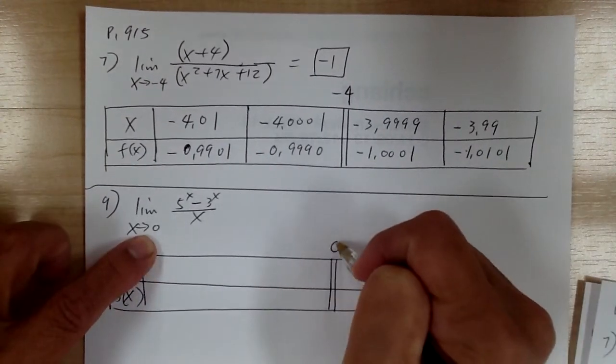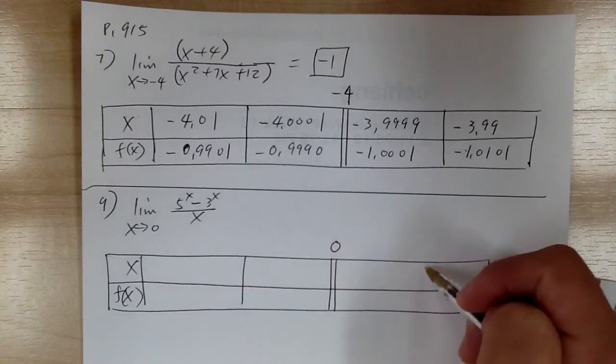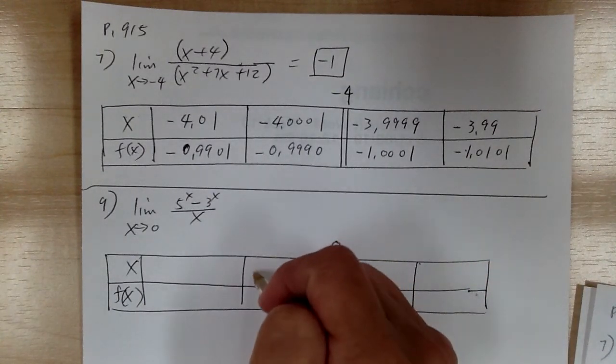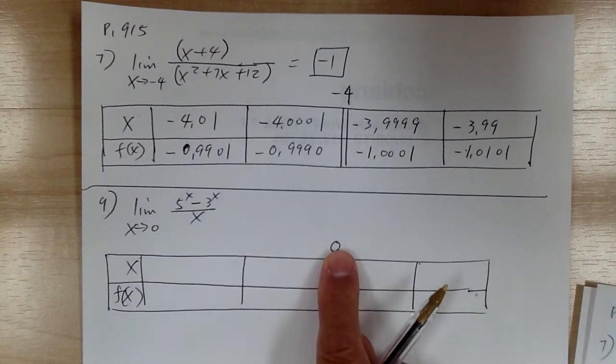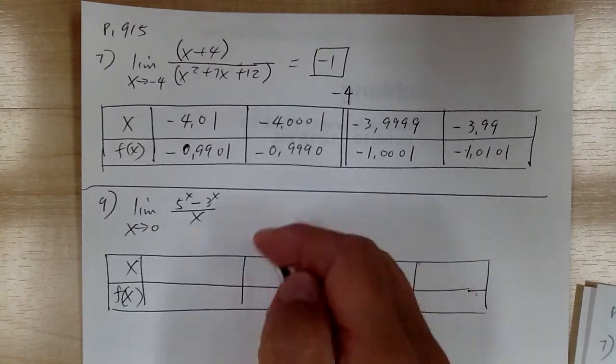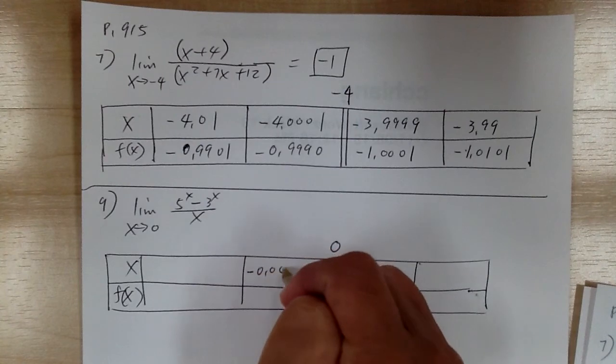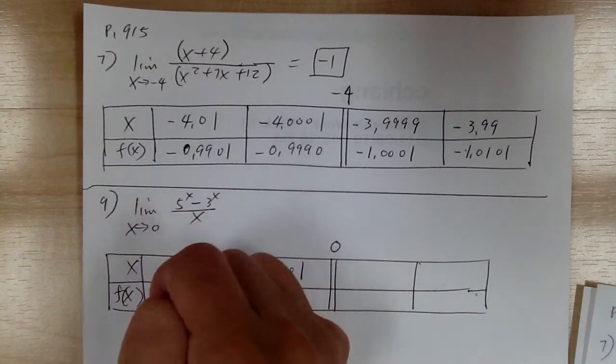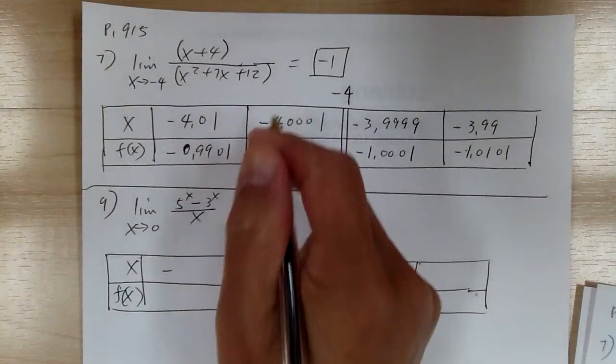This approaches 0, so this will be a 0. Again, I'm just going to get the 4 values. Think about this as a number line. So this would be negative 0.001. Again, I'm using 2 decimal places and 4 decimal places.